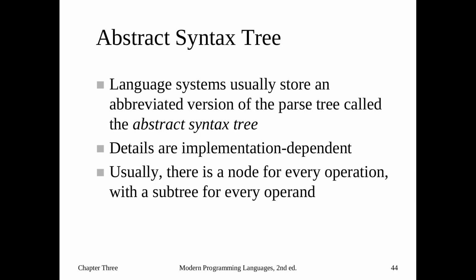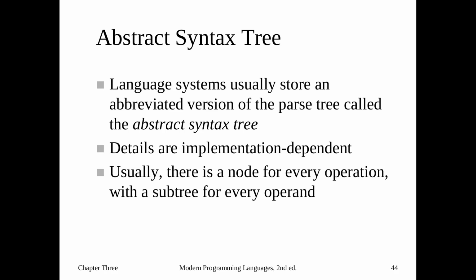That's how we get into this abstract syntax tree. These languages normally are stored in an abbreviated form of parse tree, called the abstract syntax tree, typically called an AST.